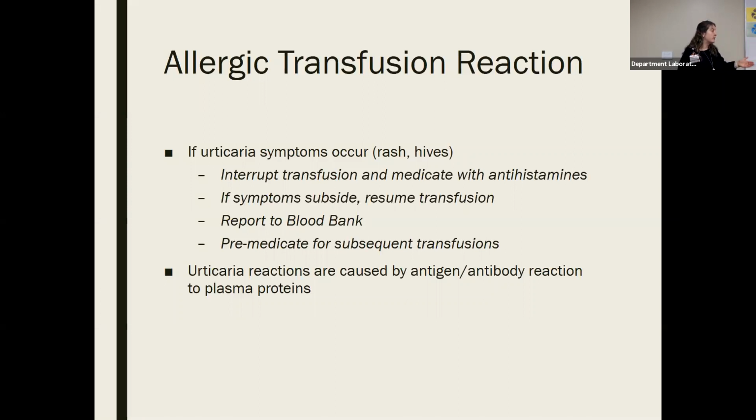Otherwise, the patient had a reaction and we find out after that they had an anti-JKA that was identified 10 years ago at another facility, and now we've got a secondary transfusion reaction, a secondary immune response in them. That's kind of how it works. We try to do everything we can to prevent it, but sometimes we don't know enough, and then we have to investigate it after. Does that make sense?